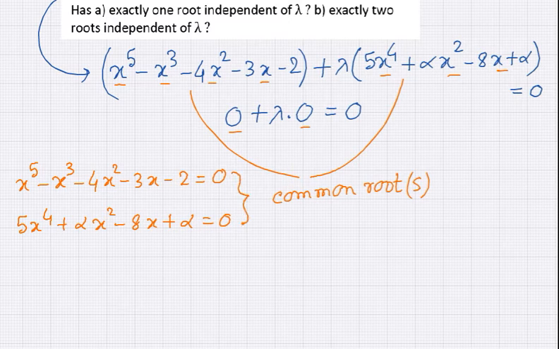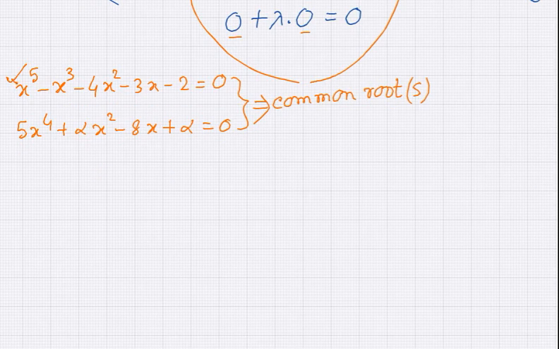These two equations are going to share common roots. Since the first equation is completely known to us, but the second equation contains the unknown value alpha, we can target the first equation and try to find the roots of this equation. So let's see what the roots of this equation will be.